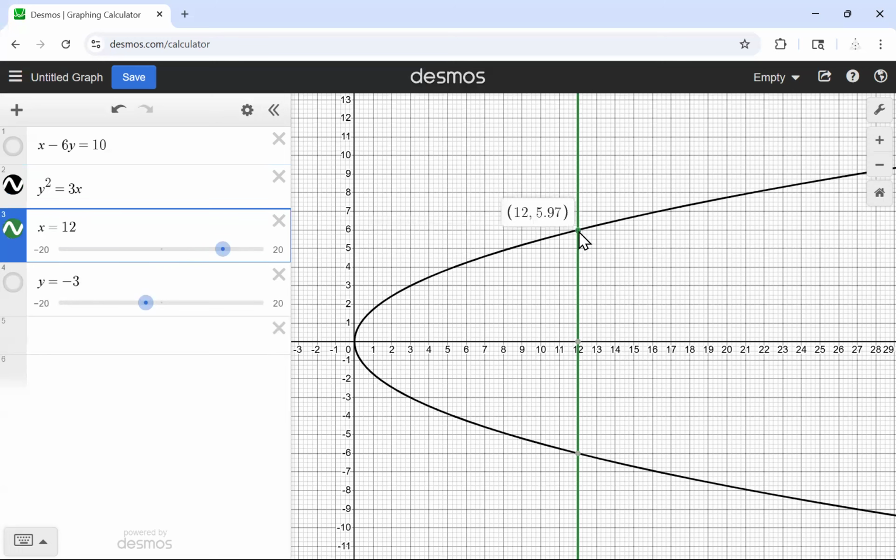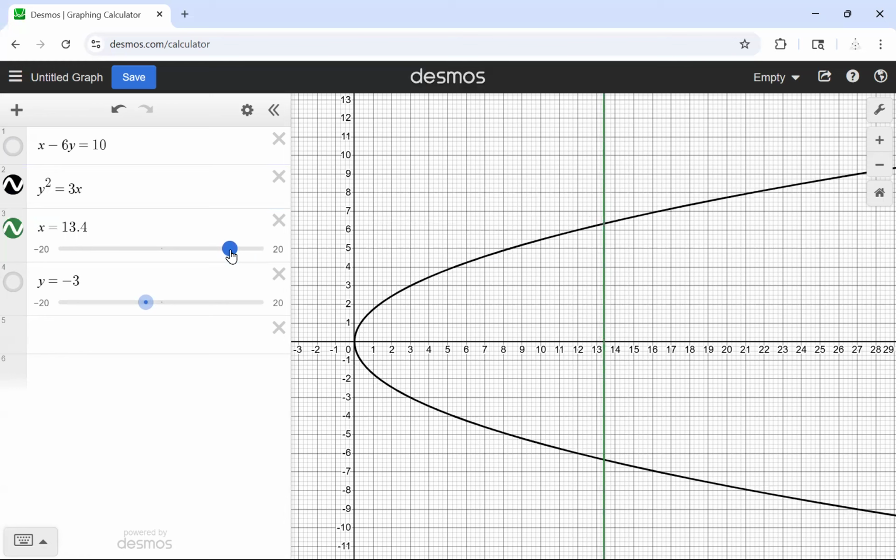For instance, we got (12, 6) and (12, -6). Those are two points on the same vertical line. Therefore y squared equals 3x is not a function graphically. We already found that out algebraically, but now we can see that it is true graphically as well.